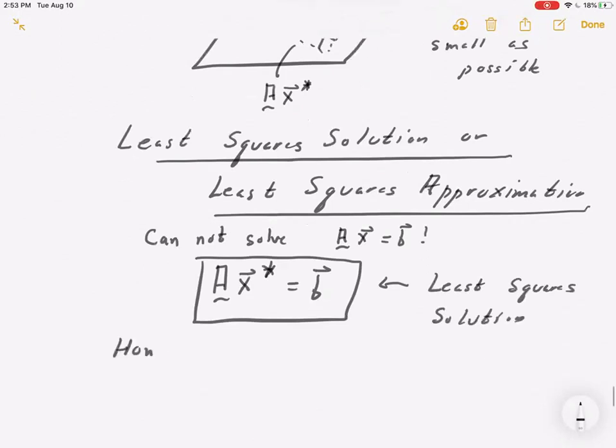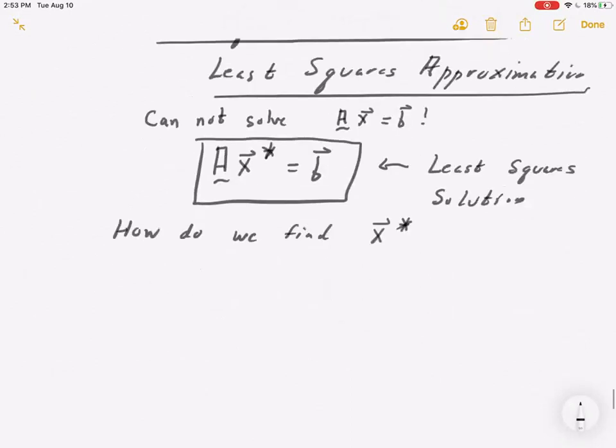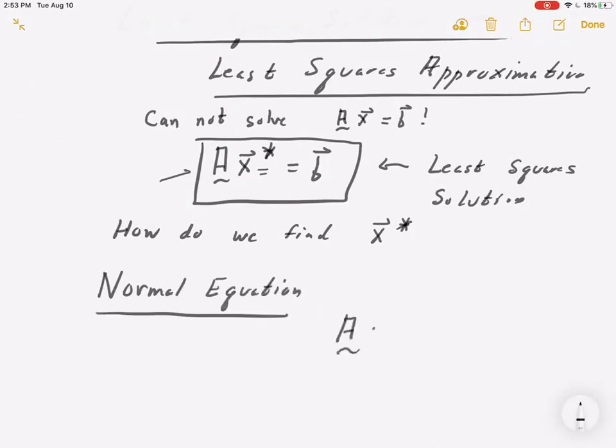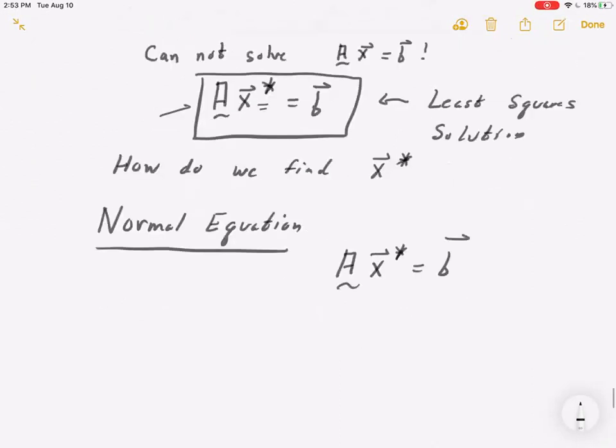So, how do we find X asterisk? I may refer to this as a star or as an asterisk. Well, let's go back and look at some of the machinery we already talked about in this lecture. Our normal equation says that the least squares solution has to obey this equation.